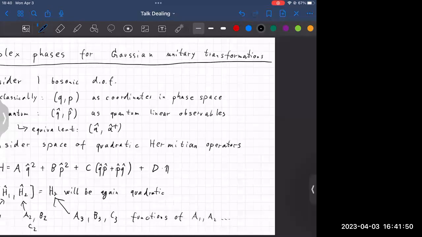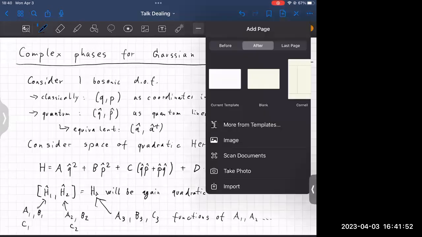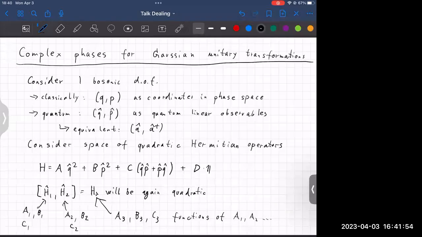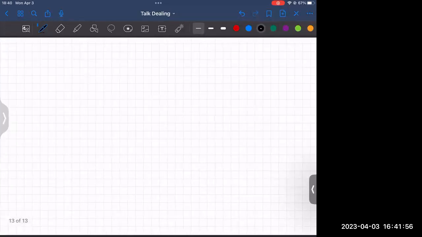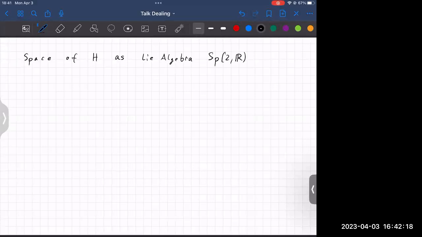And what I'm claiming, and I guess Tommaso has already stated that before, and I discussed that at other points, is that we can describe the space of H as the Lie algebra SP2R.